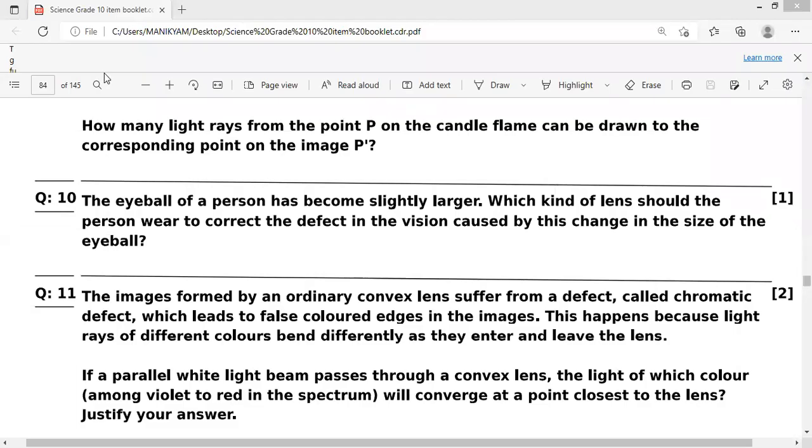Myopia. When the eyeball of a person has become slightly larger, it indicates that the person is suffering from a defect called short-sightedness, or nearsightedness, or we can say it is called a myopic eye.